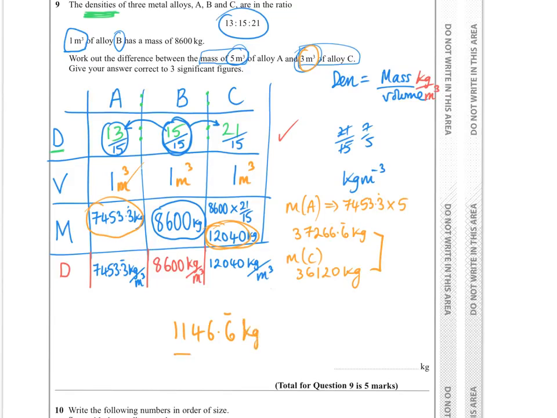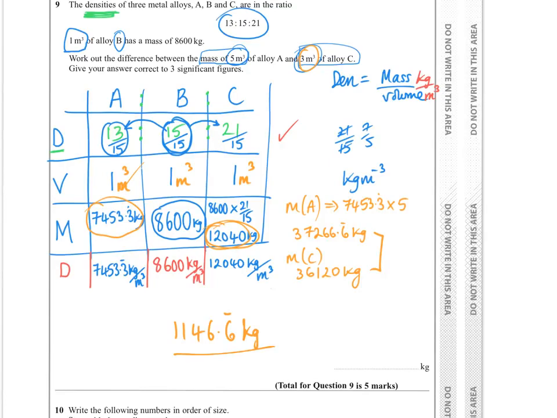Now you can probably sense that I'm a bit reticent on this question. I'm not really confident on it because it's making my brain go into overdrive. But it's the first time I've seen the question, so if I was doing this paper I would worry about this one and probably leave it till the end.